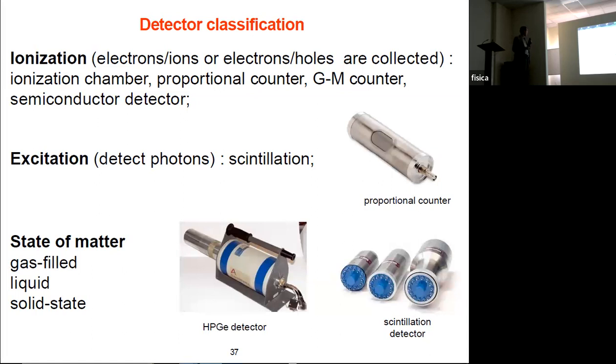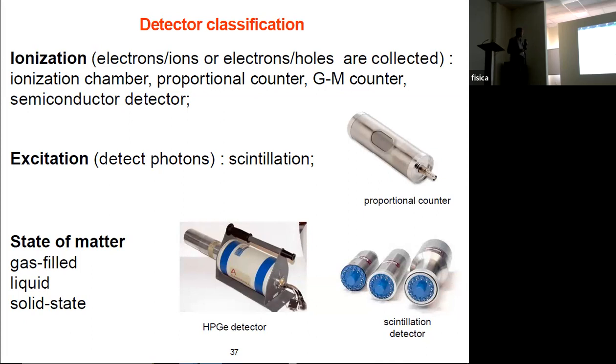And if we are talking not about gases but about solids, we can have semiconductor detectors. If we are going to detect excitations, we need scintillation detectors. We can detect light produced during the interaction of particles with the matter.